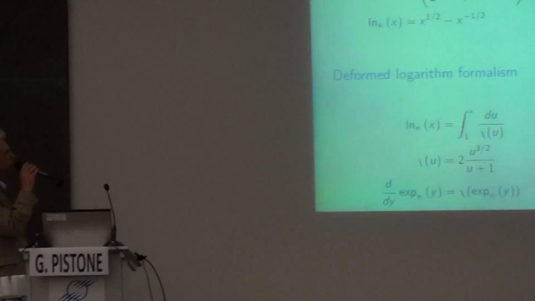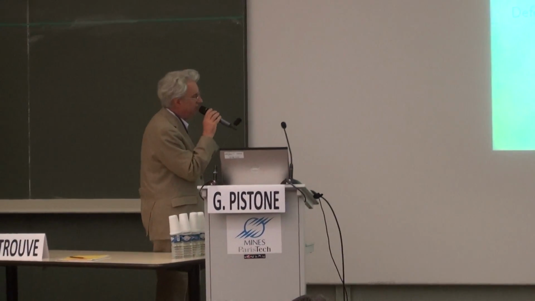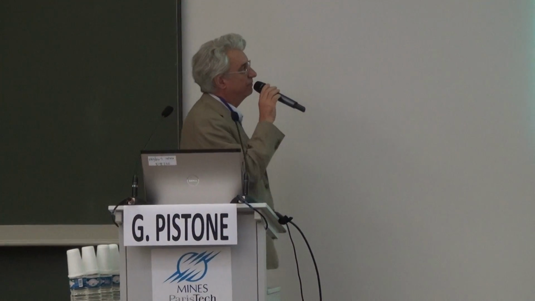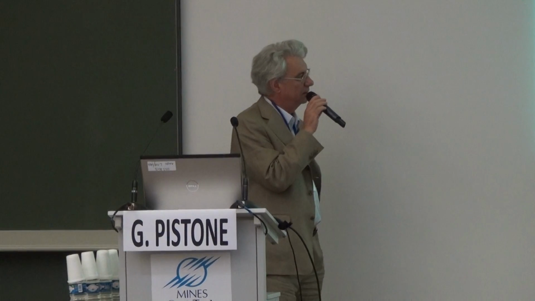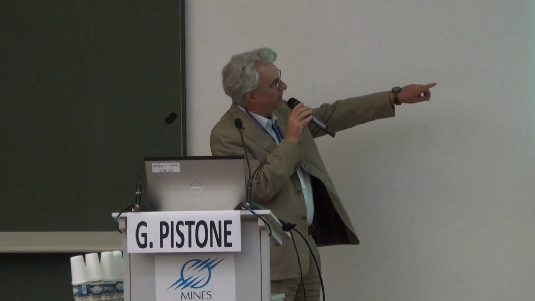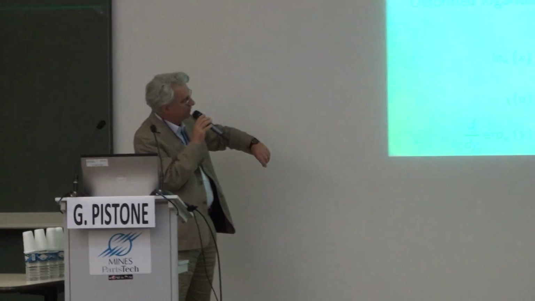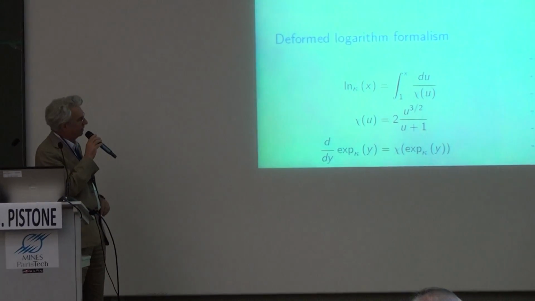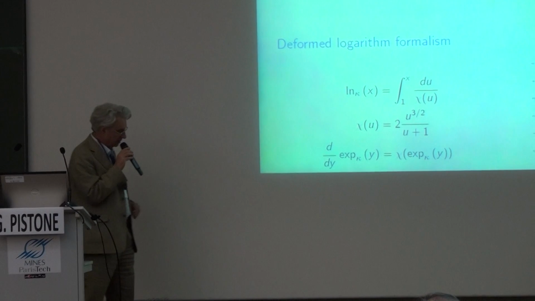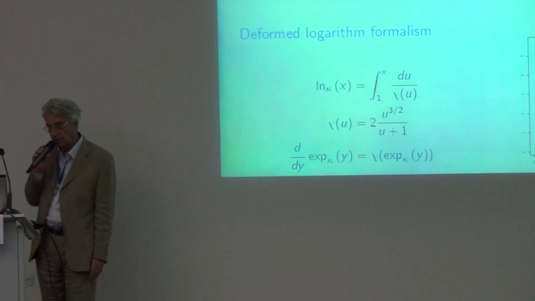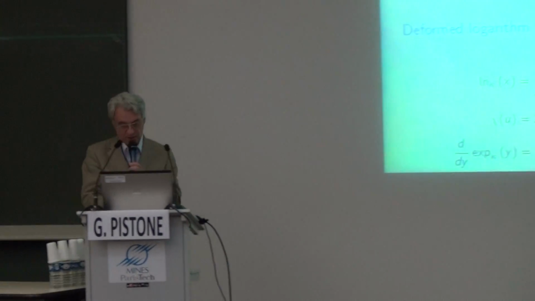And it's possible to compute the inverse function. And there is a nice formalism introducing a chi function. In this case, it's this one. The chi function controls the logarithm and the exponential at the same time.